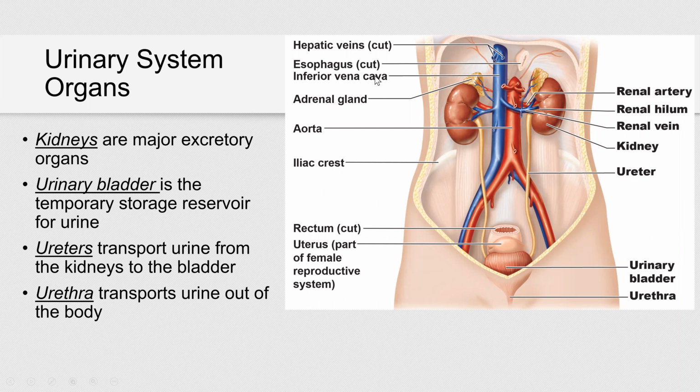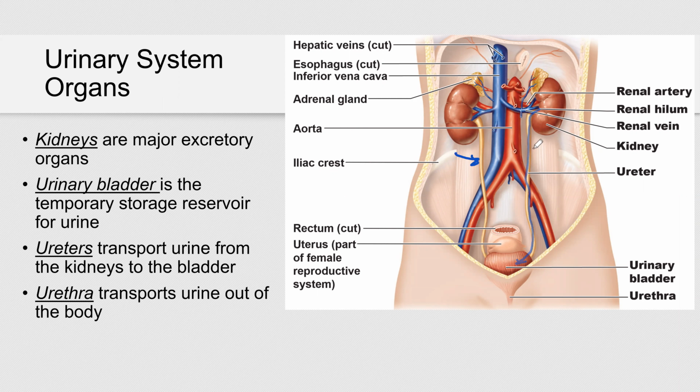So let me pick up my pen over here. Again, we have kidneys that are major organs. You make urine within the kidneys, then you convey urine toward the urinary bladder, and you convey it within a ureter.